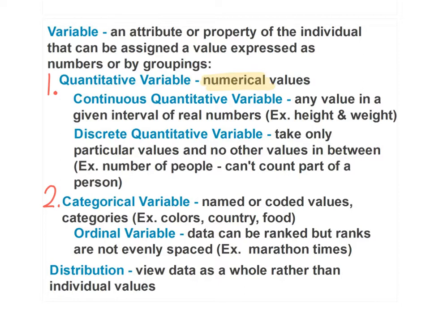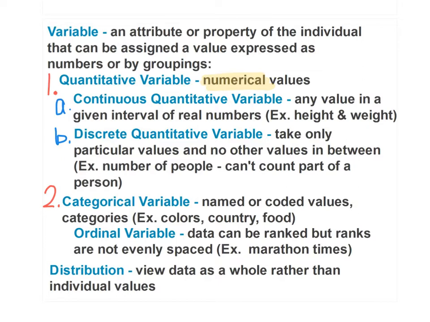Okay, then under quantitative variable, we have two types of quantitative. We have continuous quantitative variable, and then we have discrete, okay?